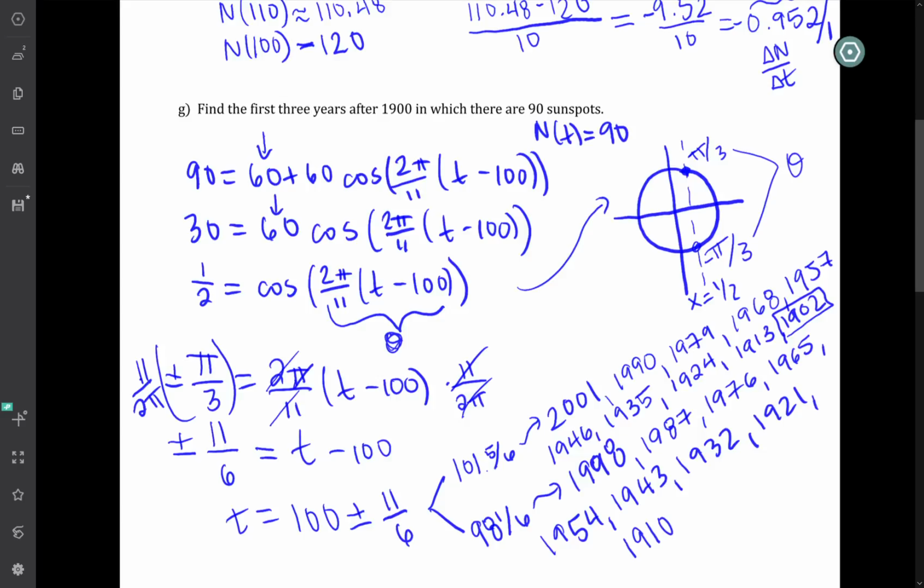If we subtract 11 again, it gets negative, so that's going to be the second one, and 1913 will be the third one.